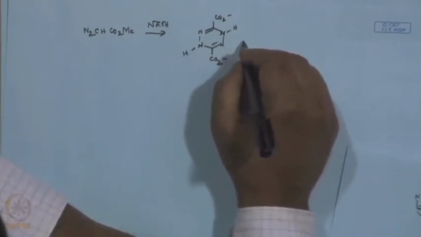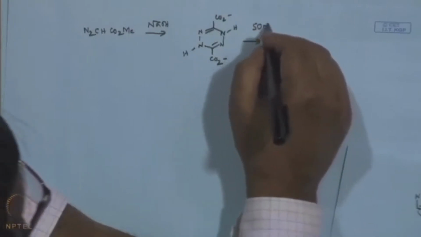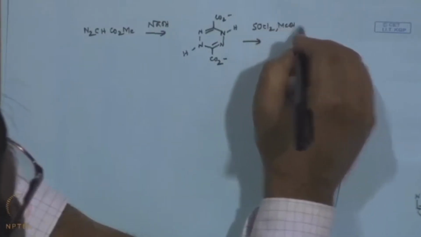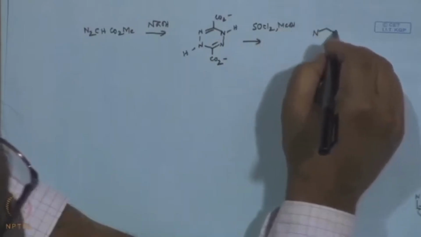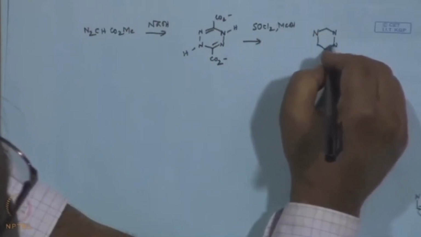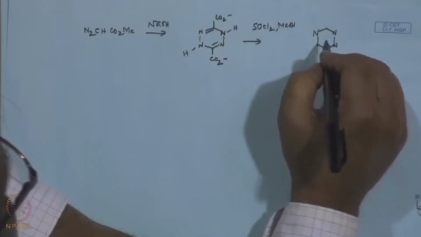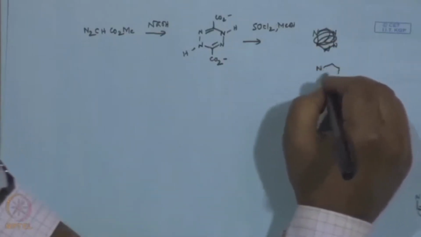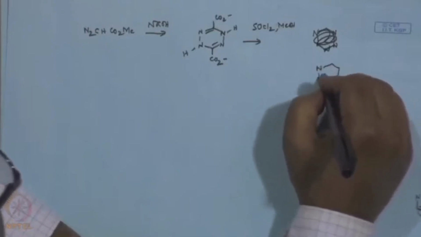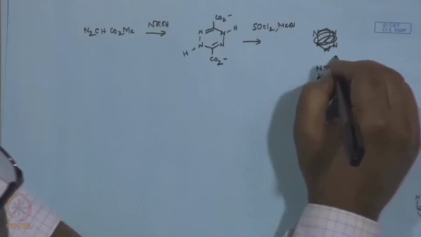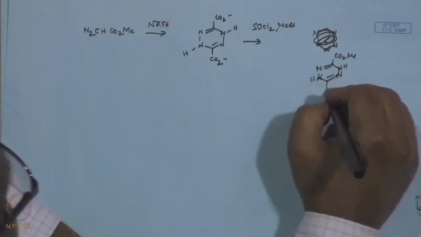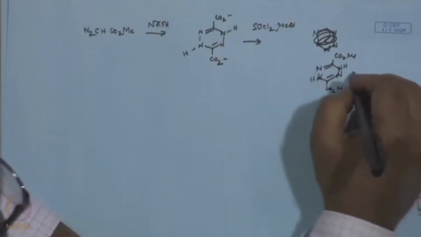What is to be done next? The next is just thionyl chloride and methanol, and so you will get the corresponding methyl ester. Methyl ester here, methyl ester, and this NH and NH, and then I think all of us know what to be done.